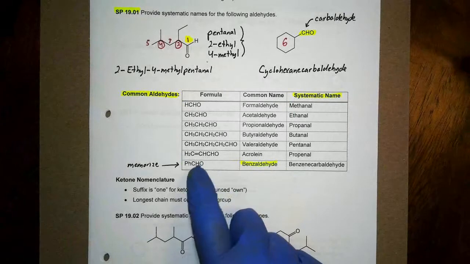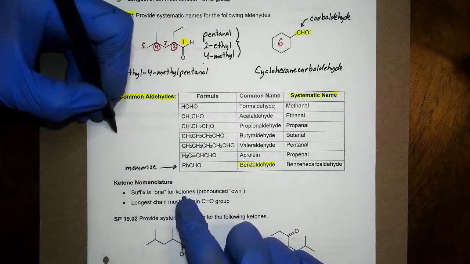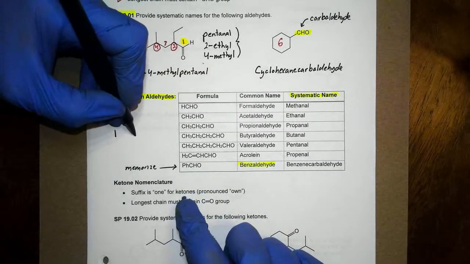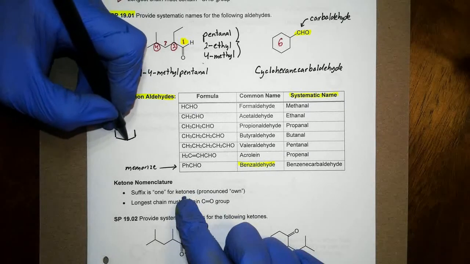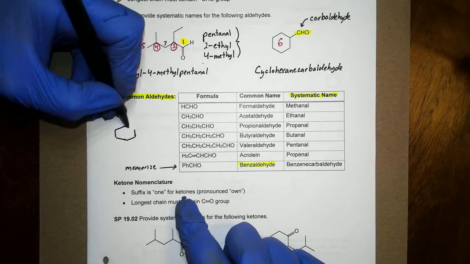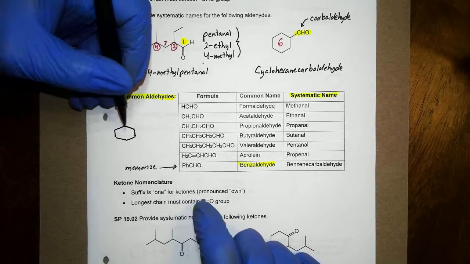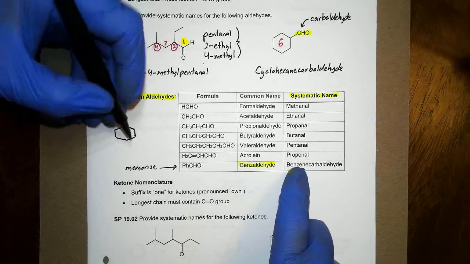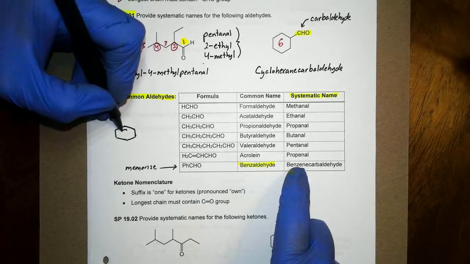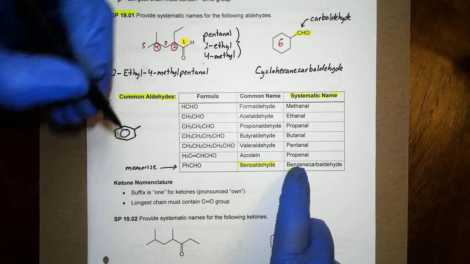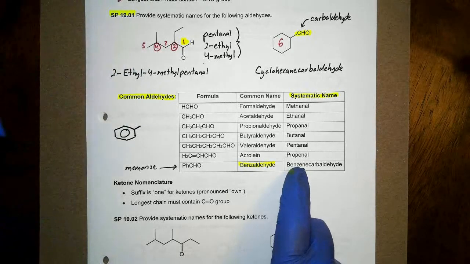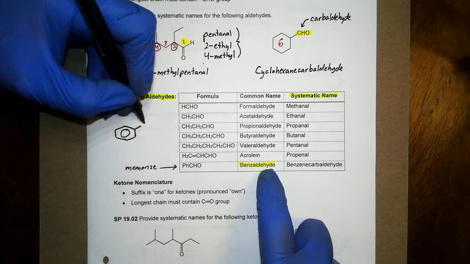But what is this telling us? What does that structure look like? Well, we have one of two ways that we could draw it. One way to draw it would simply be to recognize that it has a benzene ring. And furthermore, we would recognize that it has an aldehydic group attached to it.